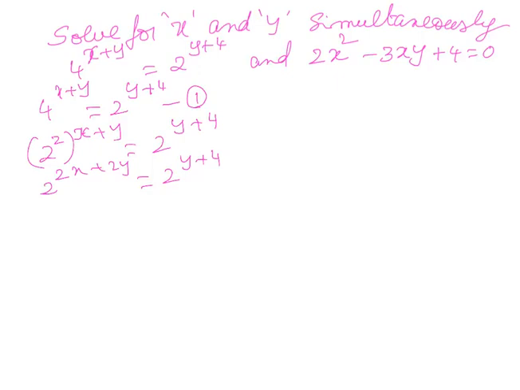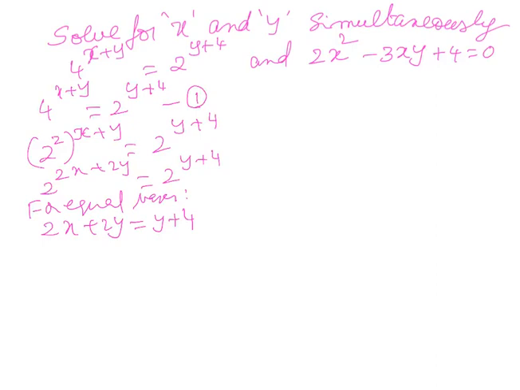As you can see, my bases are now the same, therefore I can equate the powers. For equal bases I can equate the powers, or for equal powers I can equate the bases. So 2x plus 2y is equal to y plus 4. I get this equation now.